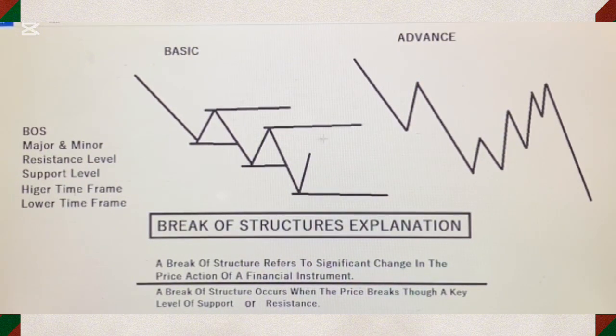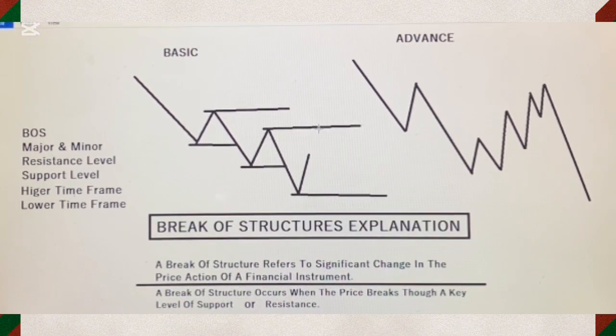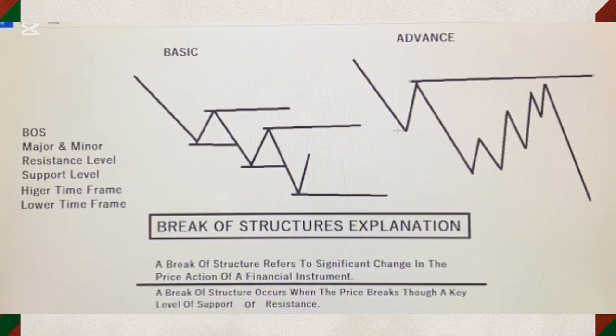Once you identify your major trend on a higher time frame, then after going to a lower time frame, this is our resistance level right here, and this market broke the support level right here, which creates our break of structure. So this is the last support level right here.